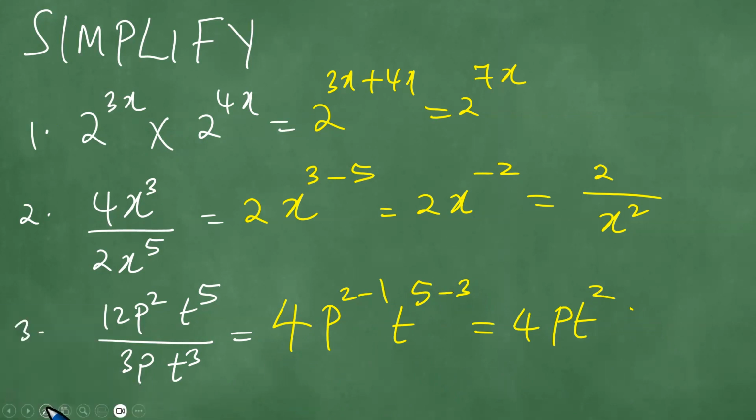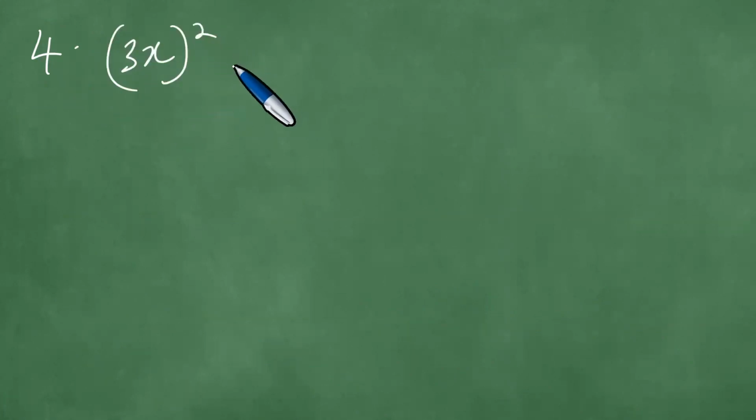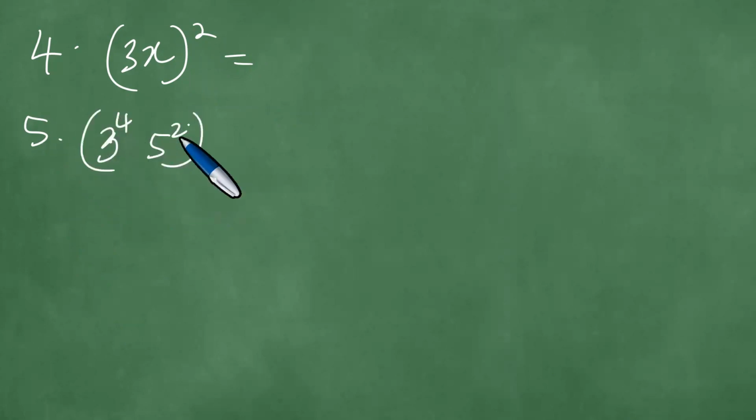Next one. Number 4. 3x all squared. What's the answer here? 9. 9x squared. Well done. So you squared the 3, so it becomes 9x squared.